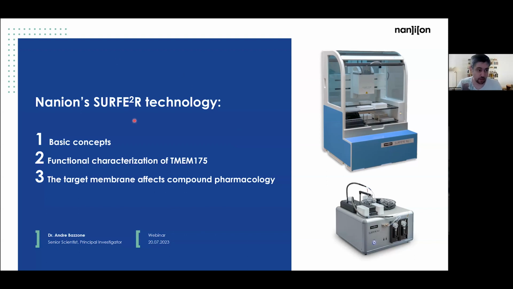So here is actually the contents of my talk. It will be divided in 3 sections. The first section will be basic concepts about the surfer technology and SSM-based electrophysiology in general. I will talk about advantages and also limitations of that technique.